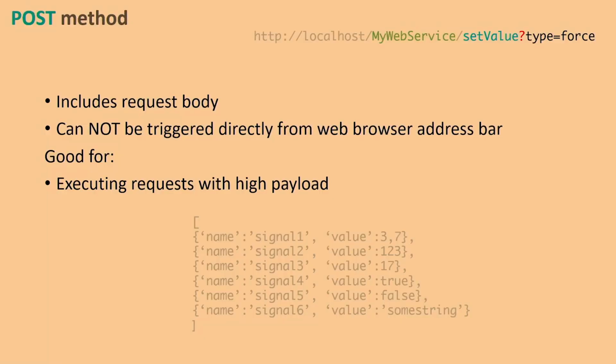So this example here shows that we are executing a set value command on the server of type force, which in a system like ours means that we are not only setting the value, but also making sure that nothing else in the system will modify it until we unforce it. And together with this command, we are pushing the payload data, which includes the JSON formatted array of the signals, together with the values that they should be set to.